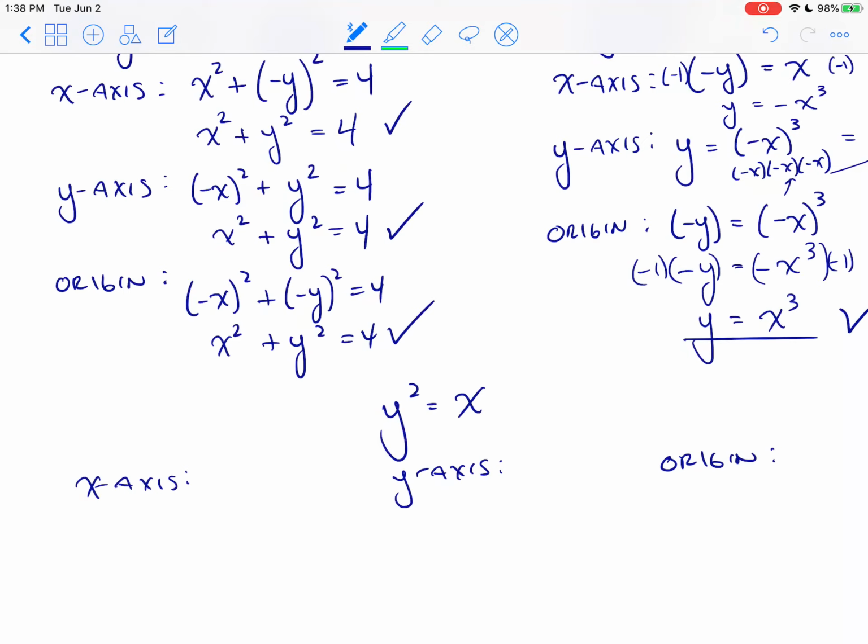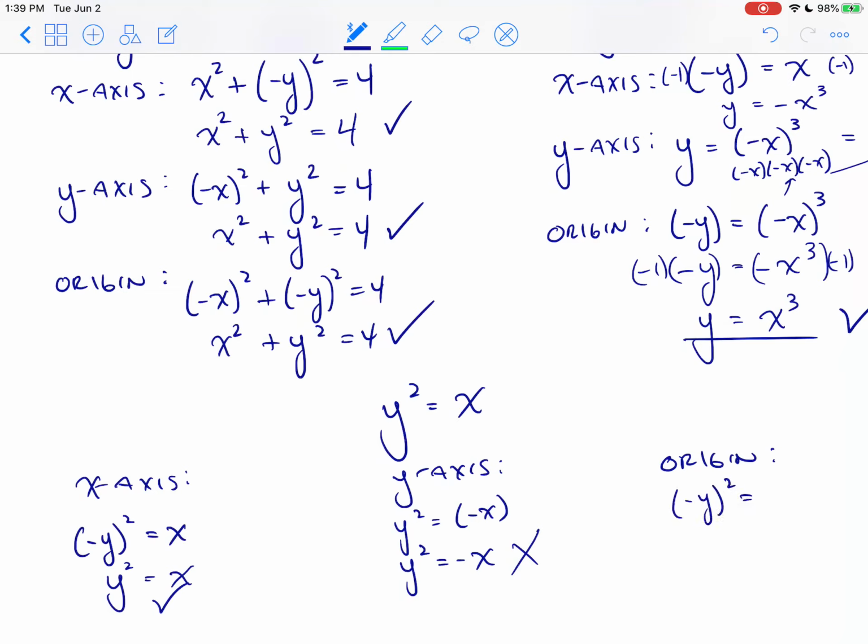For x-axis symmetry, we replace y with negative y, which when we square it gives y squared equals x, the original, so we do have x-axis symmetry. For y-axis symmetry, we replace x with negative x. In that case I have y squared equals negative x, which is not the same as the original, so this doesn't work.